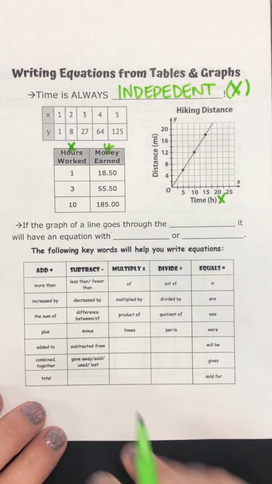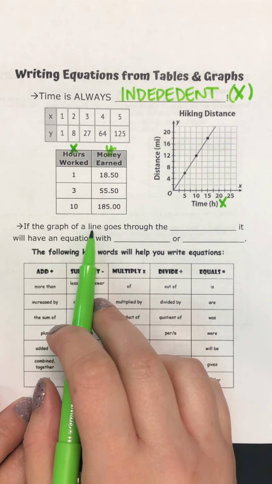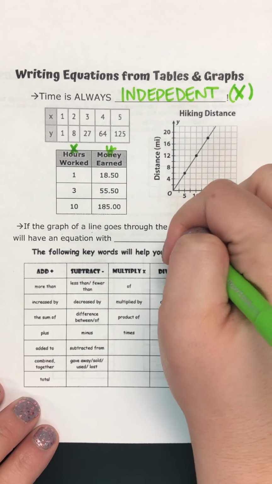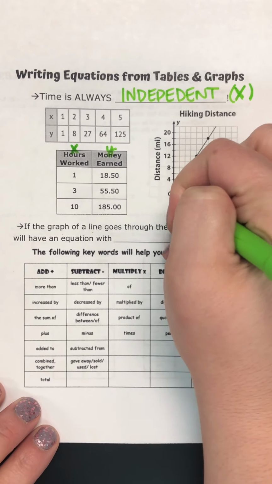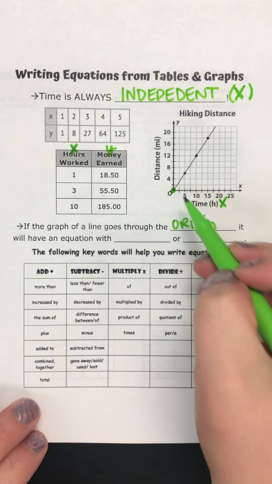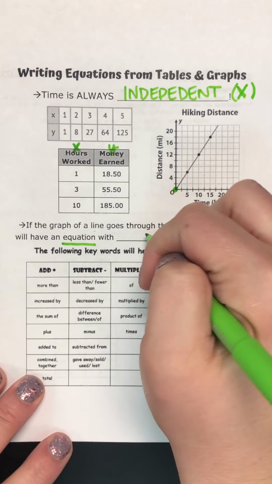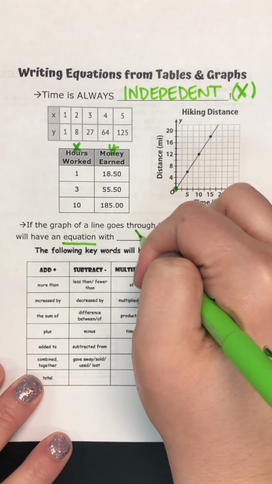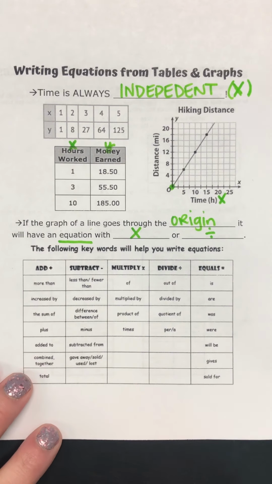Okay, all right, so if the graph of a line goes through the origin, it will have an equation with multiplication or division, okay?